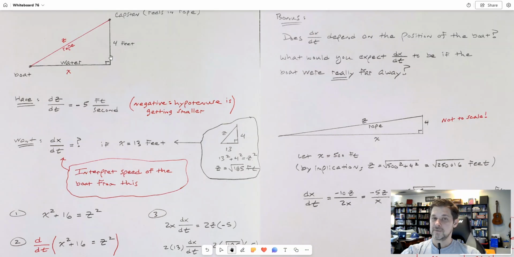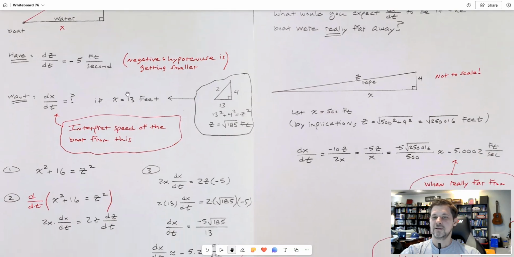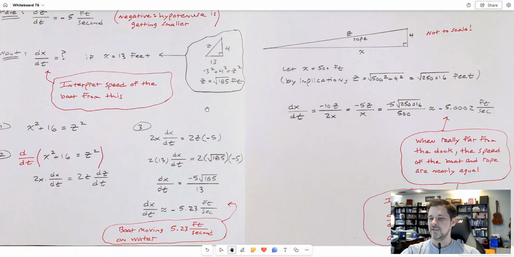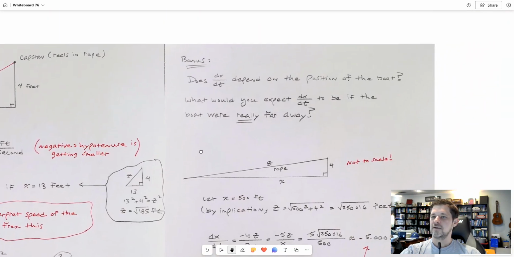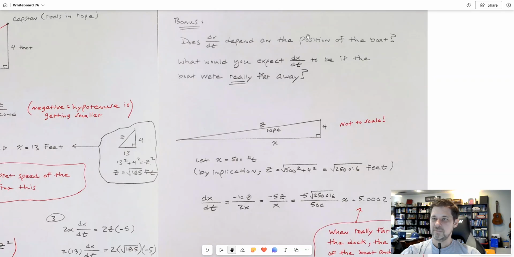But even though that speed is not changing, as the boat is further or closer, it's going to be moving at a different speed. Because if x is a different number, we're going to get a different number for z. It's going to change all this, and we're going to get a different speed. So yes, dx over dt will totally depend on the position of the boat.